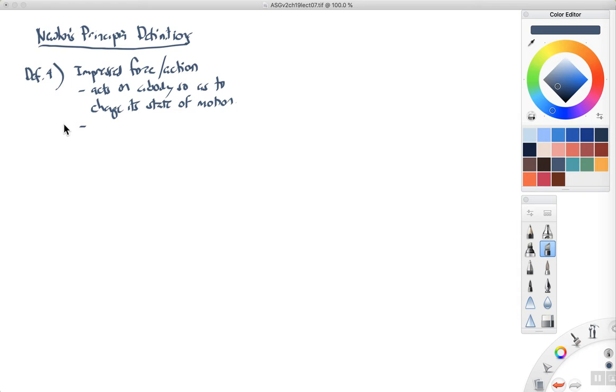Well, its motion changes. One of the important things that he points out here is that the force, this impressed force or action, and I guess we would just call this a force, is not carried along within the body.